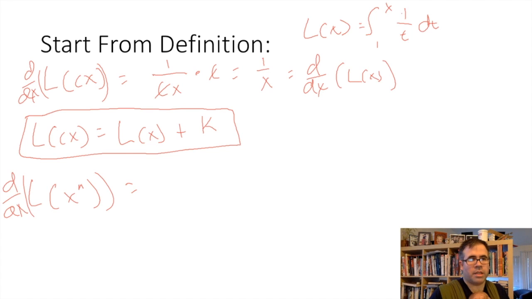Well, we get 1 over x to the n times, we have to use the power rule and the chain rule, so that would be times n x to the n minus 1. Now, wait a minute. You have x to the n minus 1 on top, x to the n on bottom. Those cancel each other out, except for a factor of x to the negative 1.